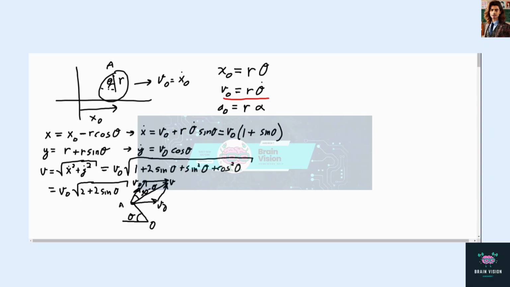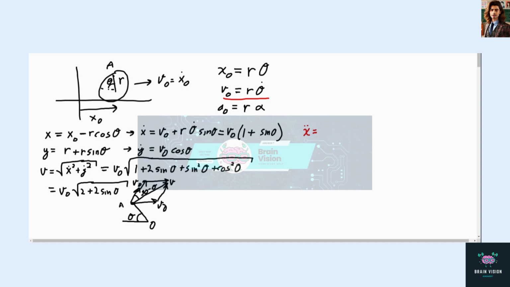Now we can do the same thing but get our accelerations. So if we take the derivative of our x dot and our y dot, what we get is x double dot, which is just the x acceleration. v0 is the same.